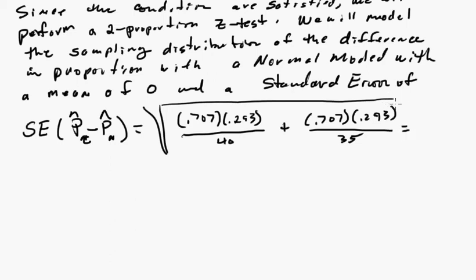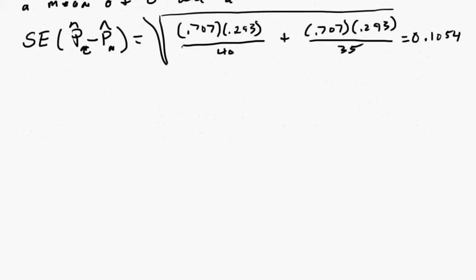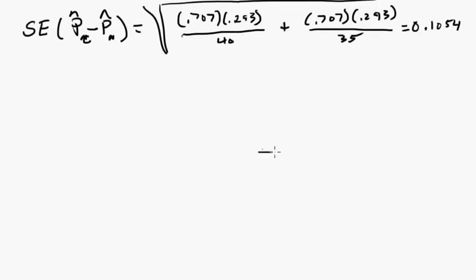And you should get 0.1054. So now we have a model with a center of 0 and a standard deviation of this.